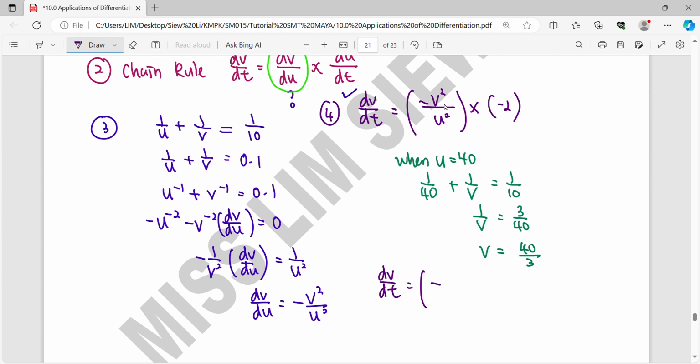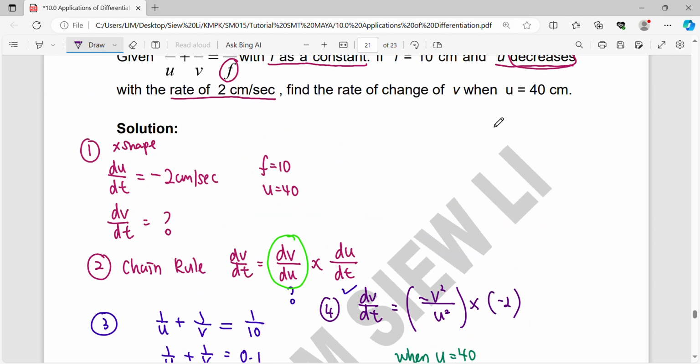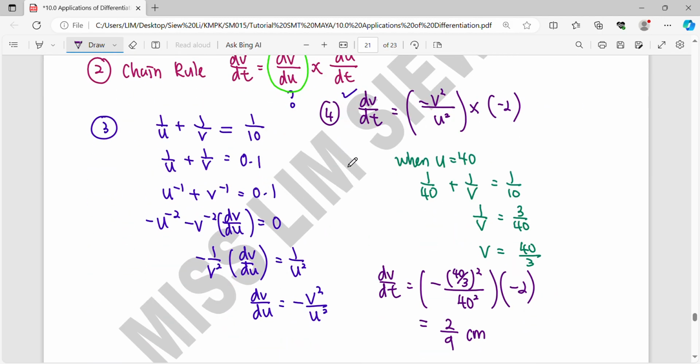Negative (40 over 3) squared over 40 squared, times negative 2. The unit of v is cm, and the time unit is second, so cm per second.